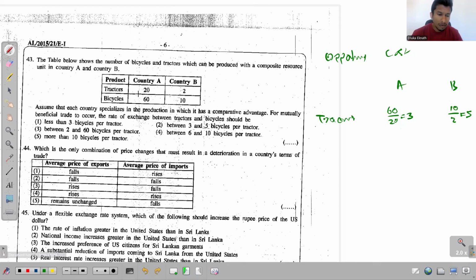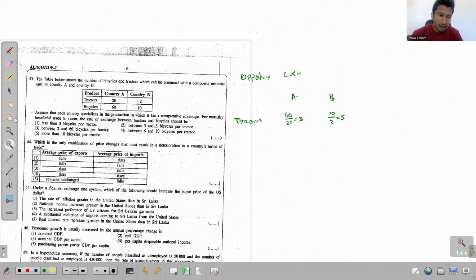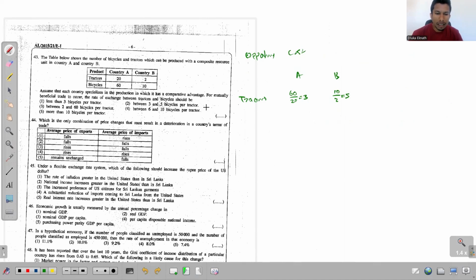Right, so this is enough now. So based on this simple calculation, you can recognize the mutually beneficial trade ratio. Right, so how do we develop that? You take this one tractor to the middle, and to the lower value, you just take the opportunity cost of the producing country.